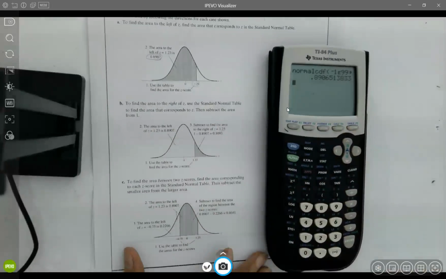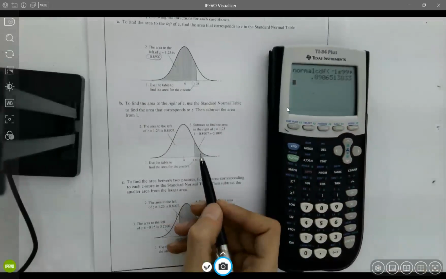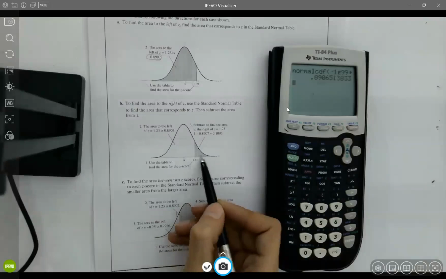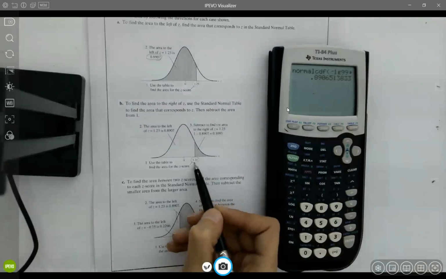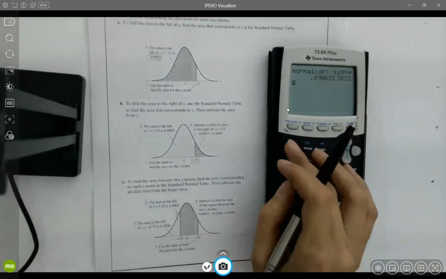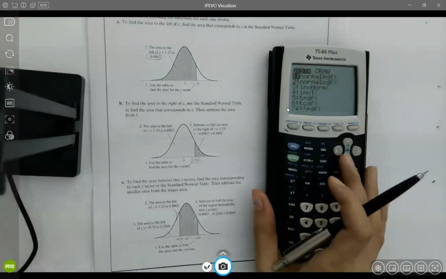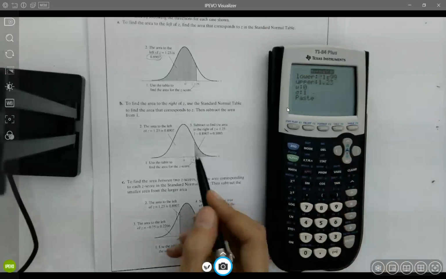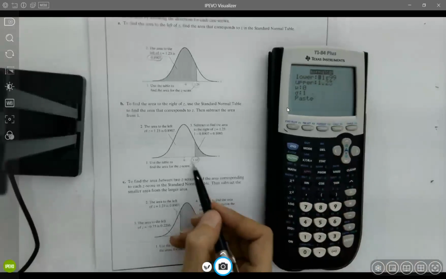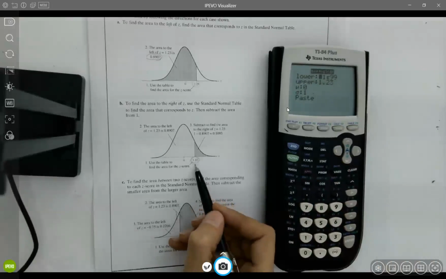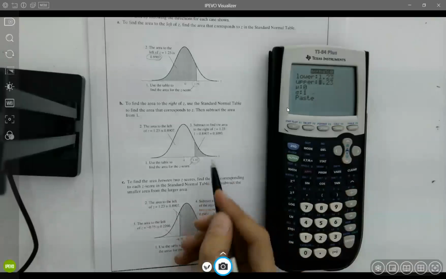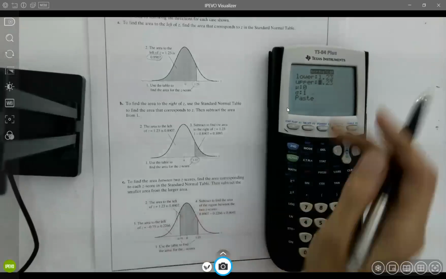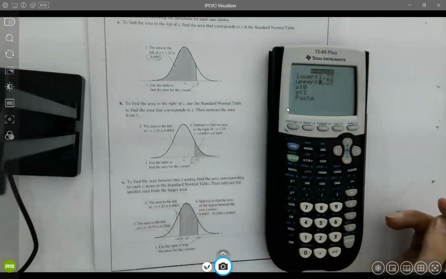What if the question says, find the cumulative area on the right side of 1.23? Well, to use your calculator, second, vars, normal CDF. Now your lower limit is 1.23. Your upper limit goes to the right-hand side, so this number cannot be negative.